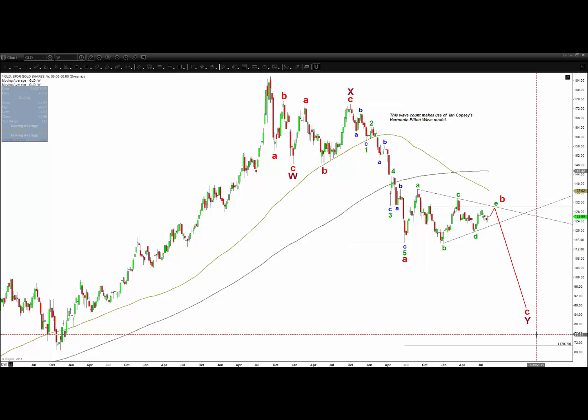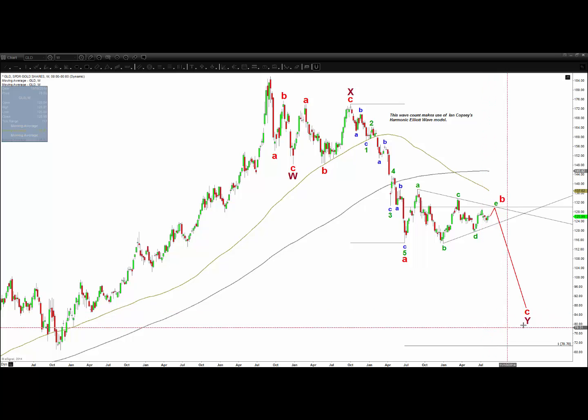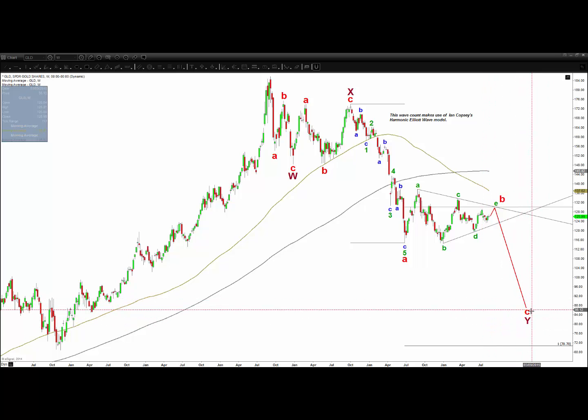In rare cases, let's say 10 or 5% of the time, a double zigzag morphs into a triple. I have no idea whether this is going to be the case this time, but the odds will favor an end to this bear market upon the conclusion of red wave C of Y.